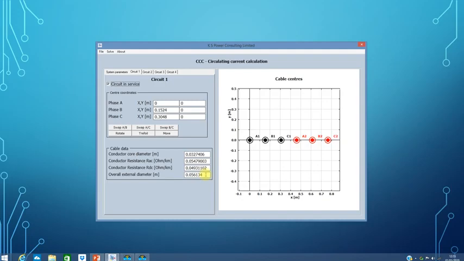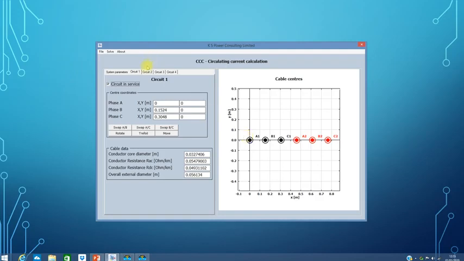We don't use the external diameter of the cable in the calculation, but we do show it in the graphics, and that's a check to make sure that the coordinates entered here are realistic and we don't have the cables overlapping each other.